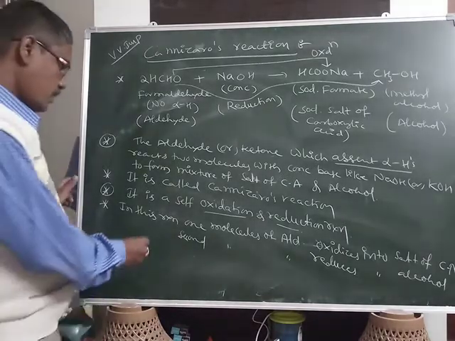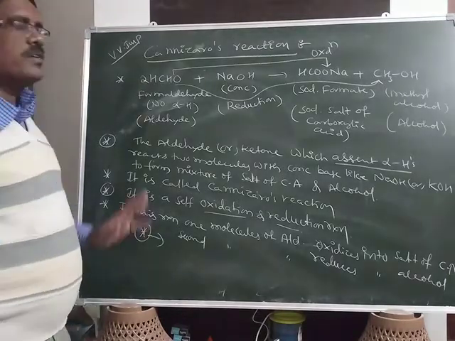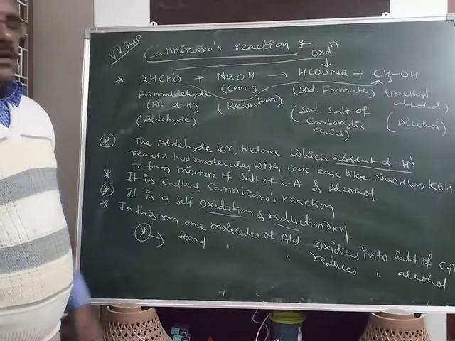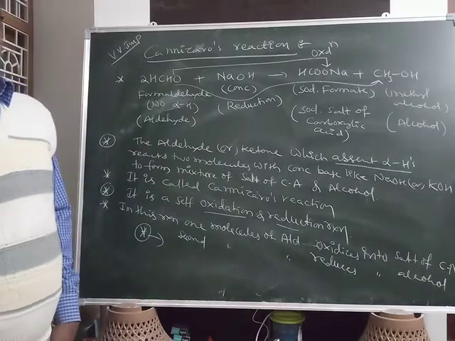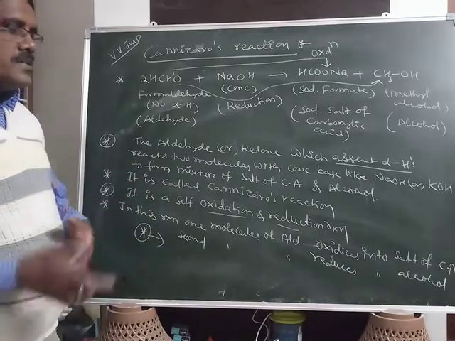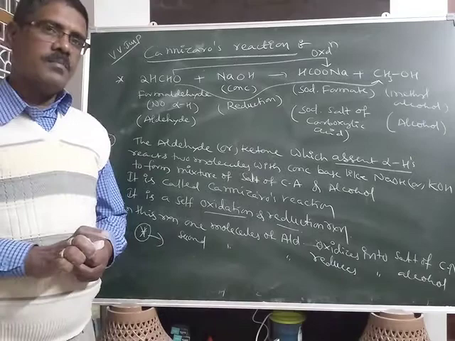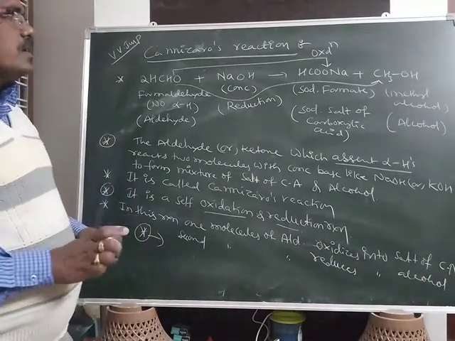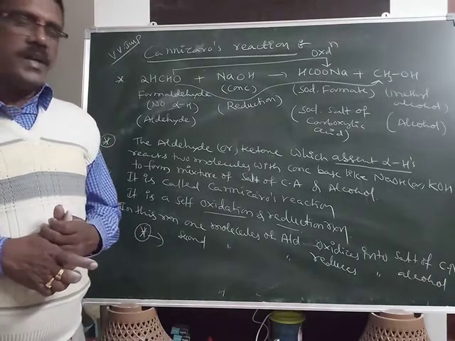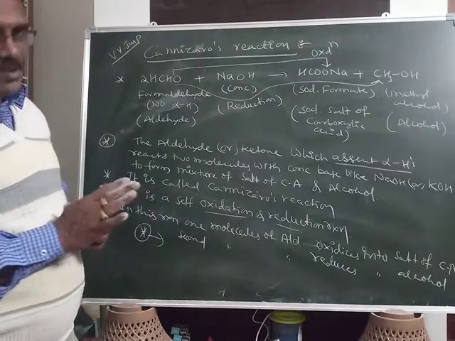Here one more important point: in maximum cases only aldehydes are involved in the Cannizzaro reaction, because aldehydes are easily involved in the oxidation as well as reduction. But ketones are easily involved in the reduction but only in special conditions involved in the oxidation.